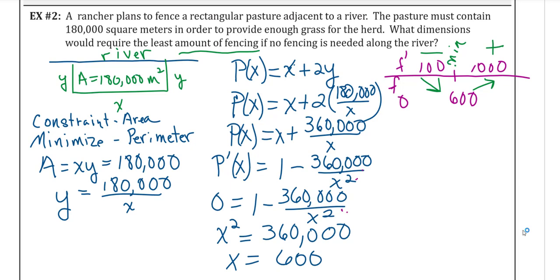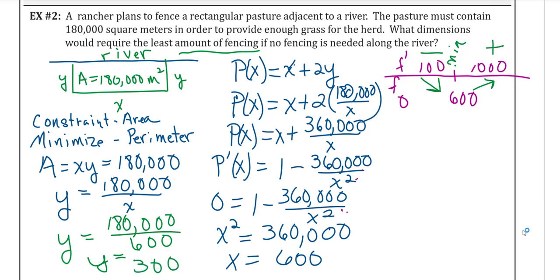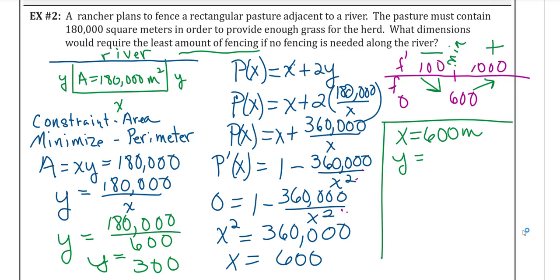I can substitute for y here, and so y is going to equal 180,000 divided by 600. So I get that y is 300. So I can say that x equals 600 meters, y equals 300 meters.